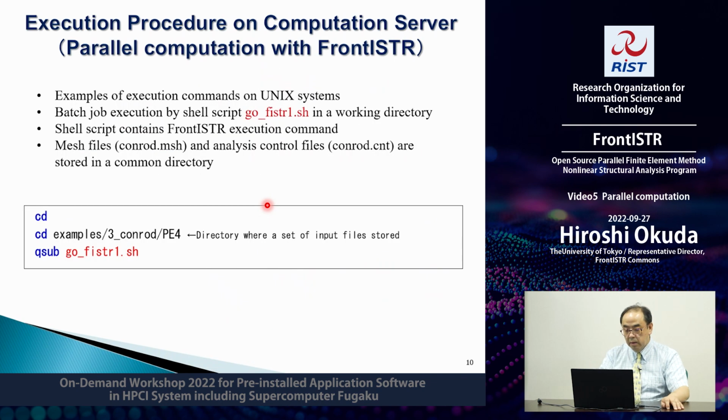Okay, and that kind of process would become like this on a Unix system. This is just a typical example. In the subdirectory PE4, you may have the general control file and the job script which runs FrontISTR.